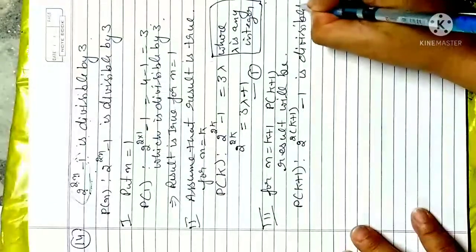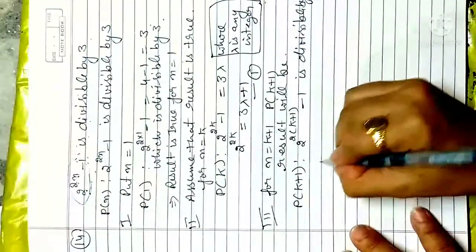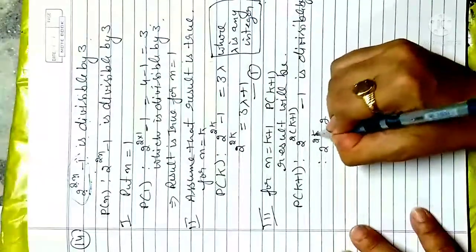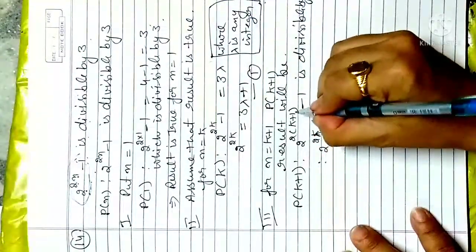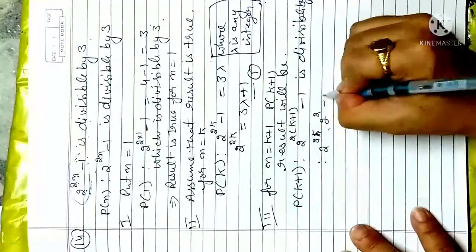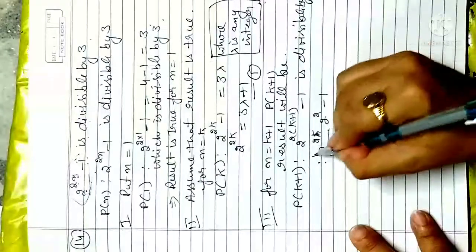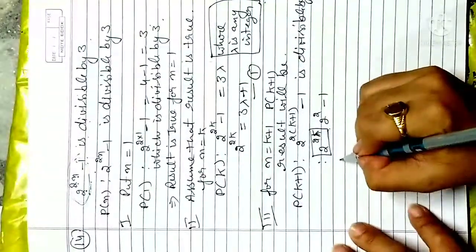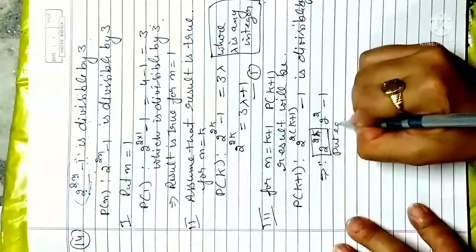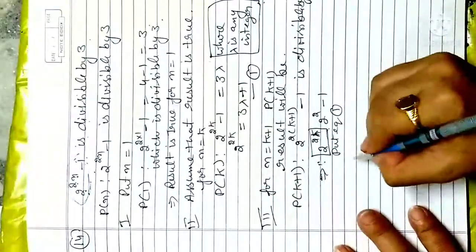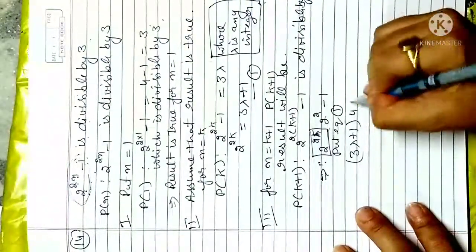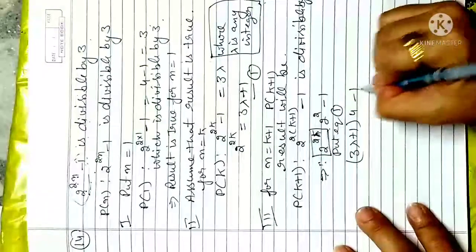So when you open this, 2 raised to power 2k plus 2. Now I separate this also, 2 raised to power 2k and 2 square, minus 1. Now in this 2 raised to power 2k, we substitute equation 1. Now put equation 1 in the marked area. So that will be 3 lambda plus 1, and the other term we write as it is. 2 square is 4, minus 1.